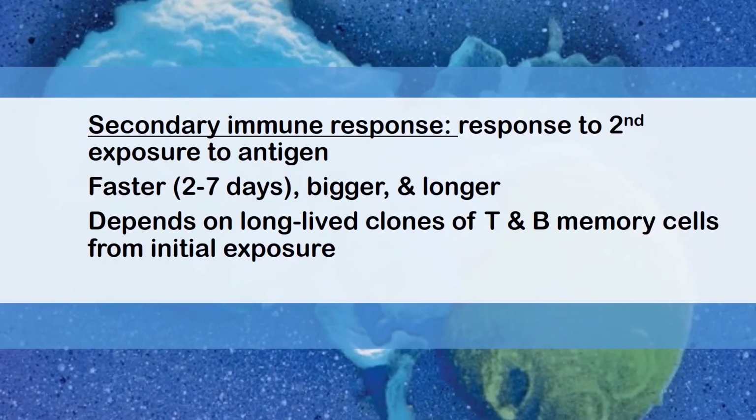The secondary immune response is the response to the second exposure or subsequent exposure to that same antigen. It is faster, on the order of 2 to 7 days. It is bigger, and it is longer lasting.